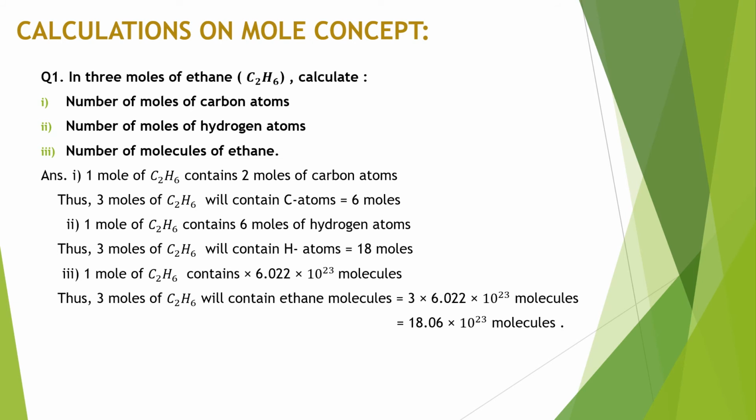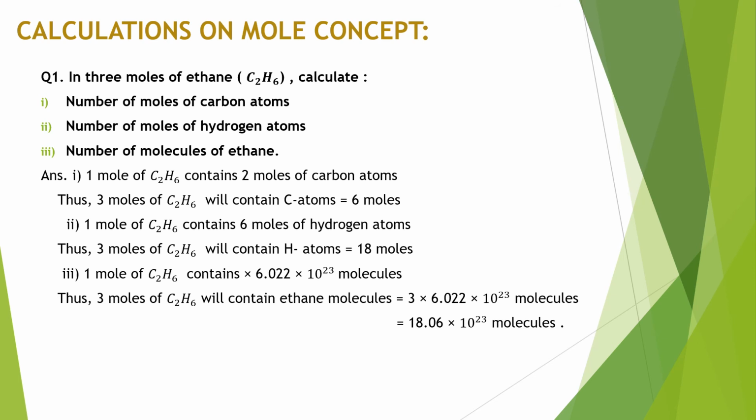For the calculation of number of moles of hydrogen atoms, we can see from the formula that 1 mole of ethane contains 6 moles of hydrogen atoms. So 3 moles of ethane will contain 3 into 6, that is 18 moles of hydrogen atoms. The third one is the number of molecules of ethane. How are we able to calculate it? We know 1 mole of ethane contains 6.022 into 10 to the power 23 molecules.